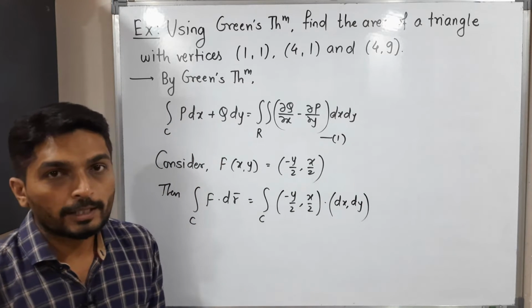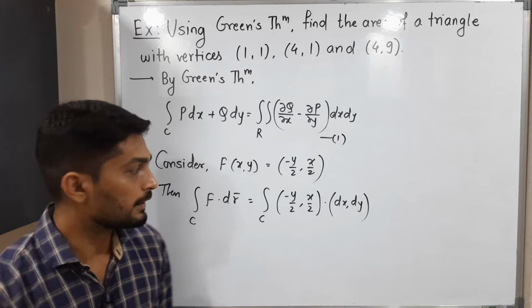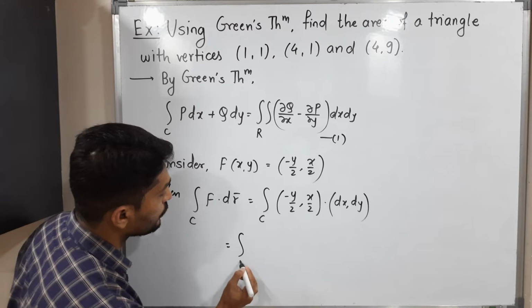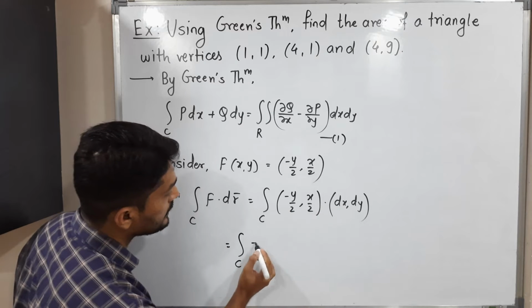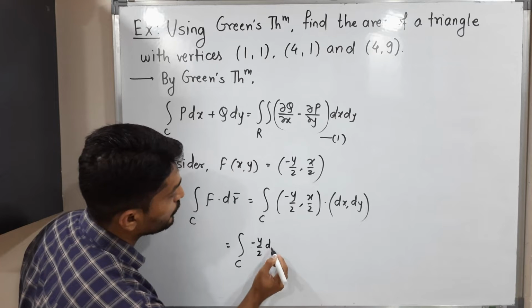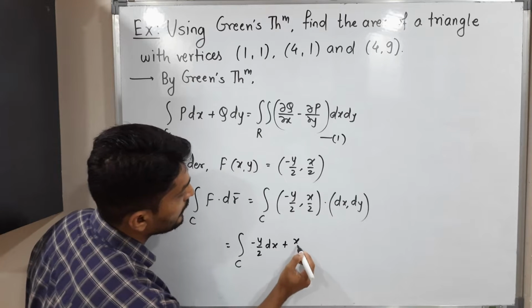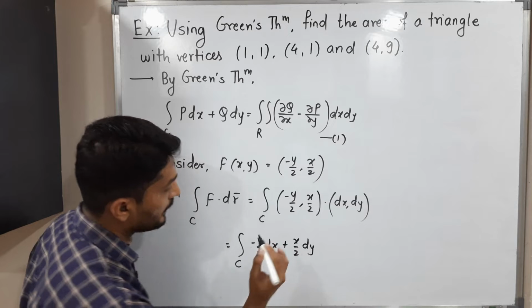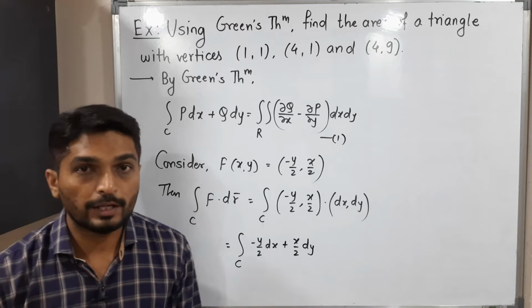There is a dot product, that means component wise multiplication. So it will be integration over C of minus y by 2 dx plus x by 2 dy.